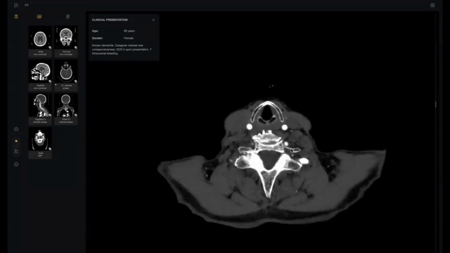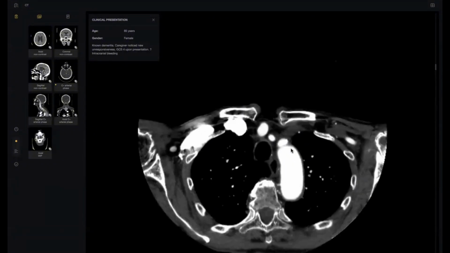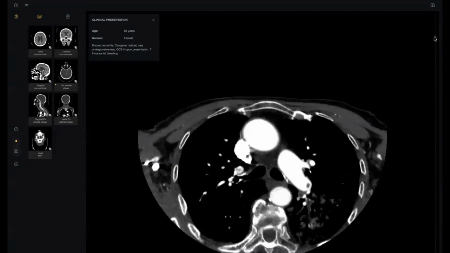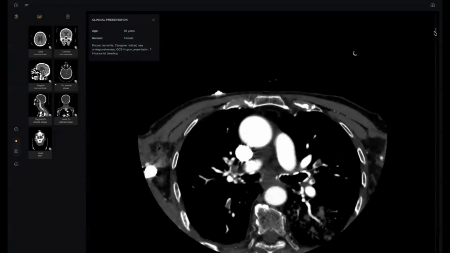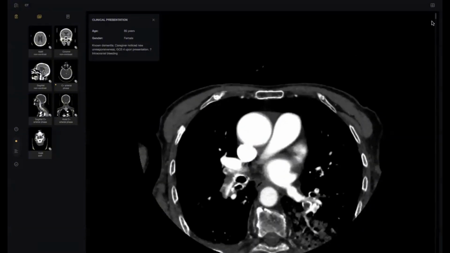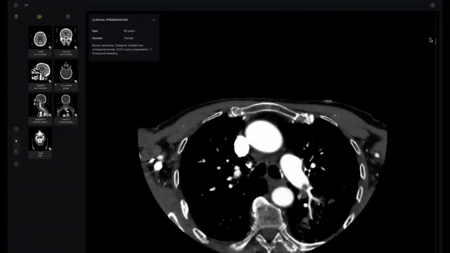But if you go down, down, you will find the pulmonary embolism. See, my colleagues, if you miss this multiple pulmonary embolism, you will lose this case at all. Why? Because it is life-saving.